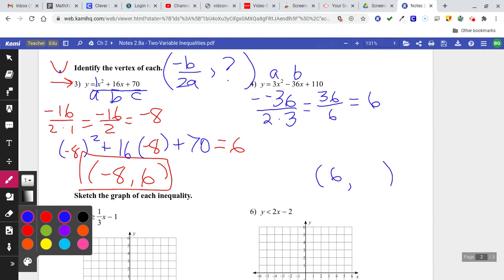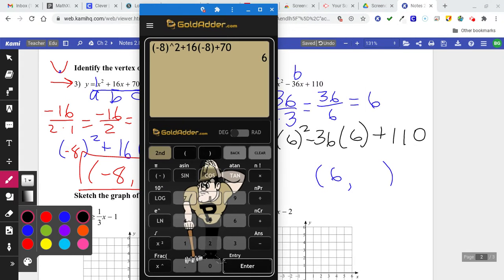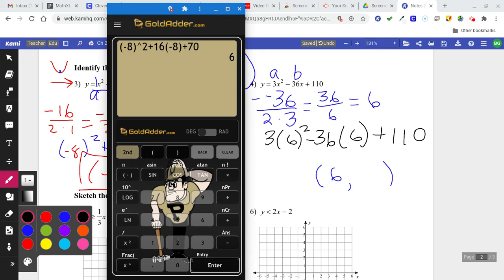And that something is going to be when I plug in my 6. So look at your equation. 3 times something squared minus 36 times that something plus 110. I'm going to put in that 6 from before, and I'm absolutely going to use a calculator. 3 times 6 squared minus 36 times 6 plus 110 equals 2.